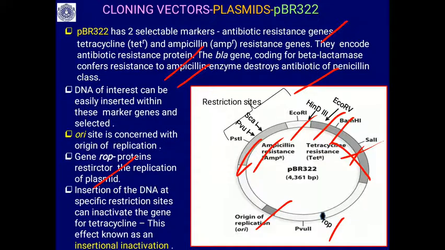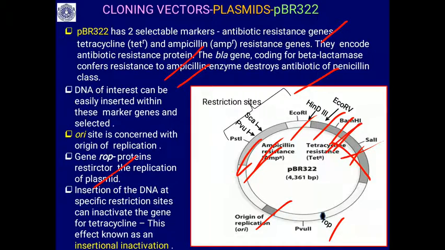This is the tetracycline resistance gene. If you insert your gene of interest in this site, the tetracycline resistance property will be lost. So this has to be selected using the ampicillin antibiotic. This is called insertional inactivation.